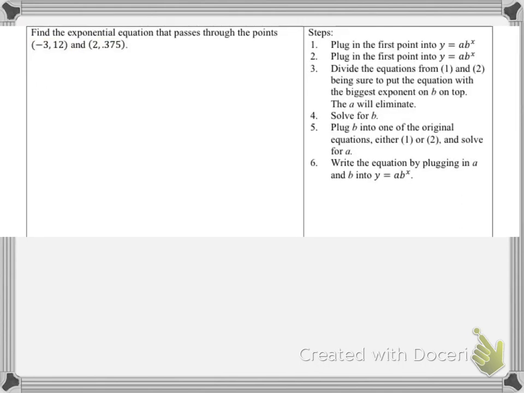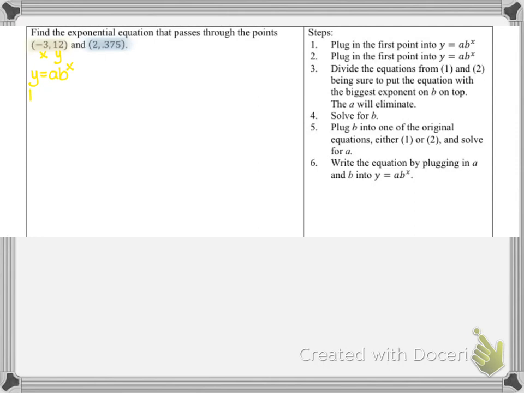All right, same idea. If I take a look at my 2 points, unfortunately, I don't think anybody is the y-intercept. So it looks like I'm going to have to do a little bit of work here. I'm going to proceed with this problem a tiny bit differently. Not a huge amount, just a little bit. I'm going to take this x, y, and plug it into y equals ab to the x.